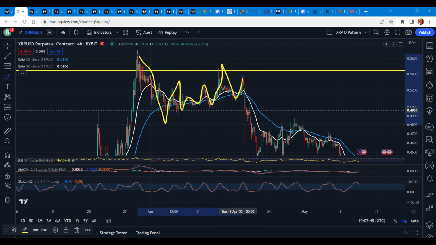This one offered a great entry. The final one offered a great entry on Friday. But after that, we just had a bleed down. And at the moment, it looks like we're having a triple bottom, but the 4-hour hasn't turned anywhere.